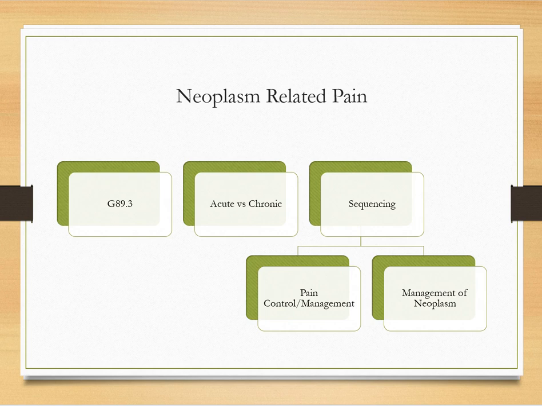Now, when the reason for the admission or encounter is for management of the neoplasm and the pain associated with the neoplasm is also documented, you're going to be using G89.3 as an additional diagnosis, and it's not necessary to report a code for the site of the pain.